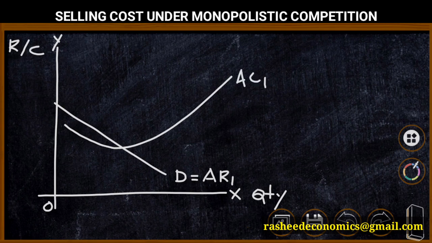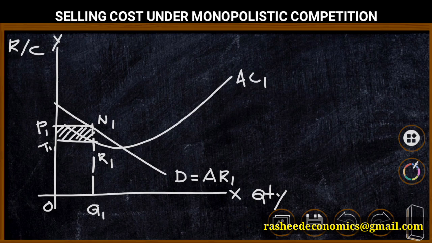On the basis of MC-MR equilibrium, we have identified the equilibrium quantity as OQ1 and the corresponding price of the commodity is OP1. At this stage the firm is earning an abnormal profit of P1, N1, R1, T1. The total abnormal profit earned by the firm before advertisement is this shaded area.